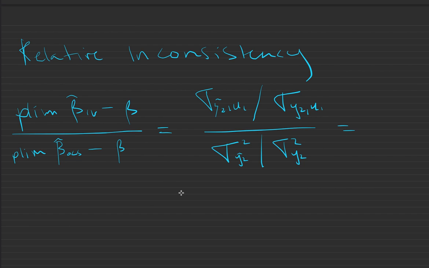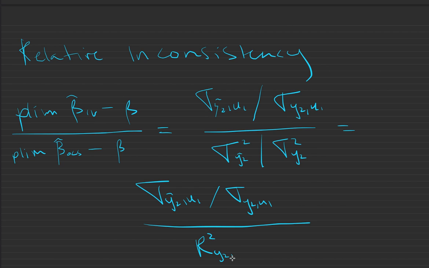Now this is equal to sigma y2 hat u1 divided by sigma y2 u1. So these are the covariances. And the denominator we can rewrite as r squared y2 z.